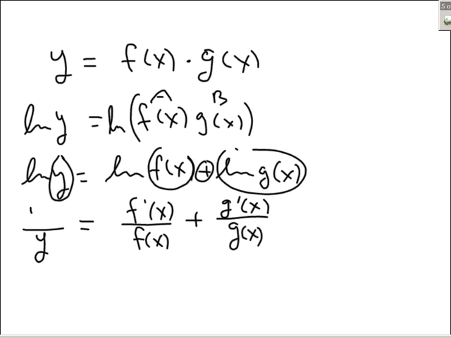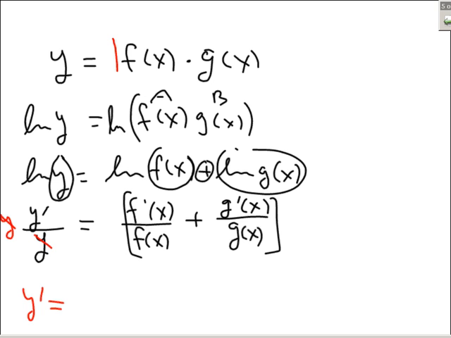The derivative of y has always been y prime. Okay, now multiply both sides of the equation by y. Why is that? Because I just want y prime alone.